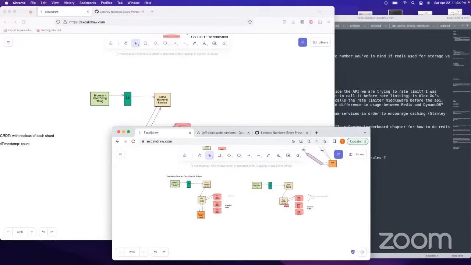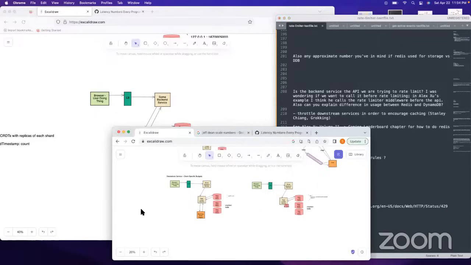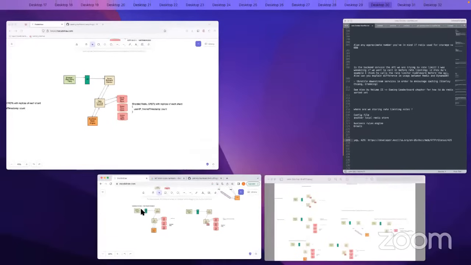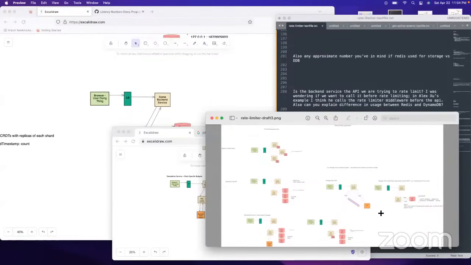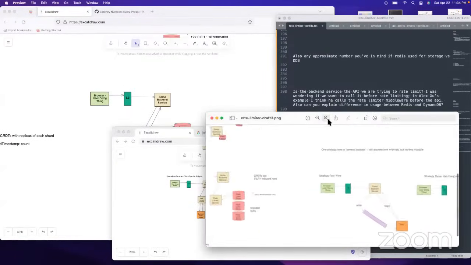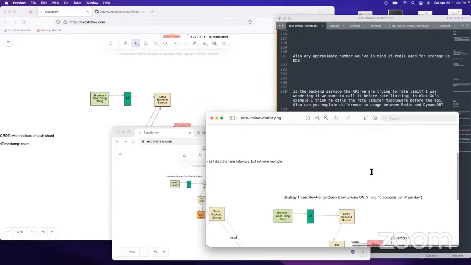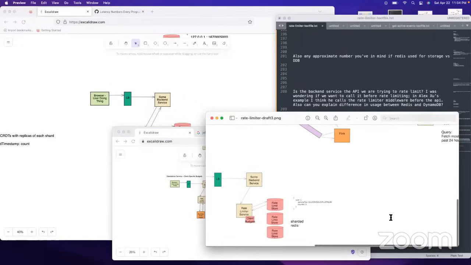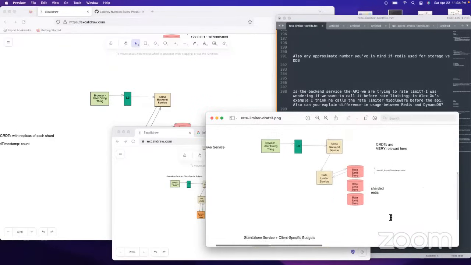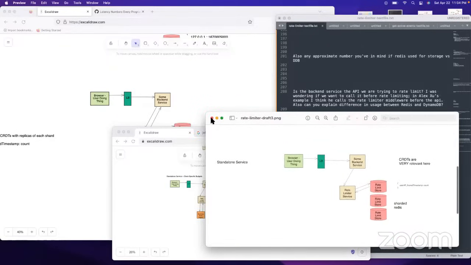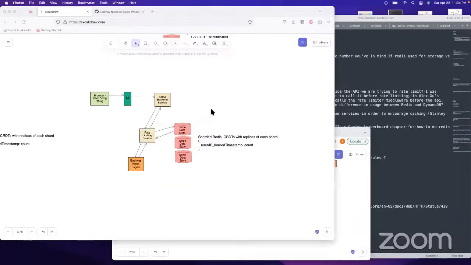Somebody has confirmed that, yep, it's a 429 response. Thanks. Yeah, no, I can't figure out where I did the full schema of tiers of service. Oh, well.